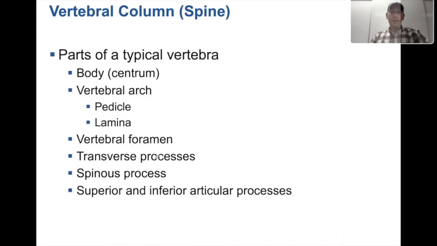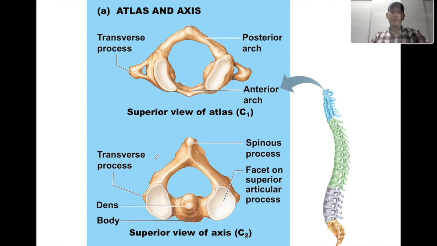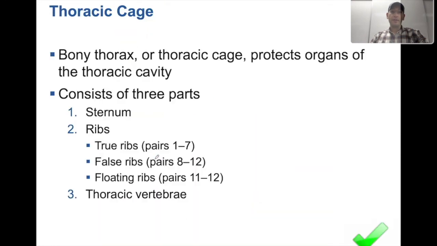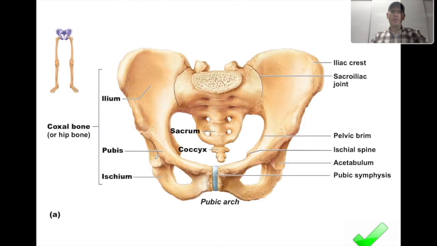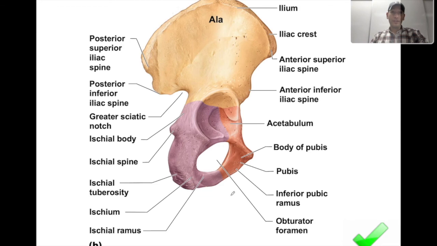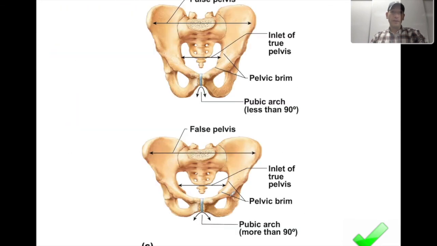The last thing is being able to tell the difference once you have your pelvic girdle. So when you have your two hip bones together, all together, this is called a pelvic girdle. And you can tell a male from a female based on what we call the pubic arch.